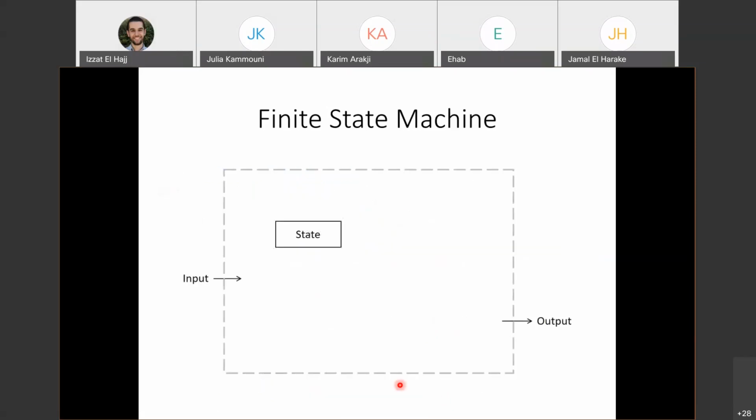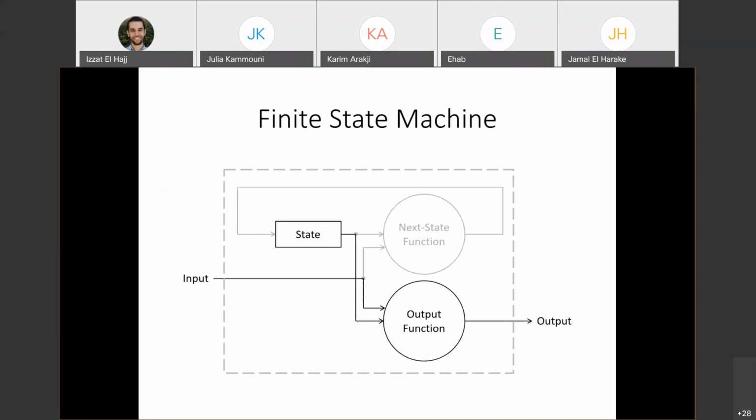So, a brief illustration of what I just mentioned. If this gray logic block represents the finite state machine, it has an input, it has an output, and it has an internal state. The output is going to be computed as a function of the state and the input, and this is the output function. So I'm going to have some combinational logic here that computes the output as a combination of the input and the current state.